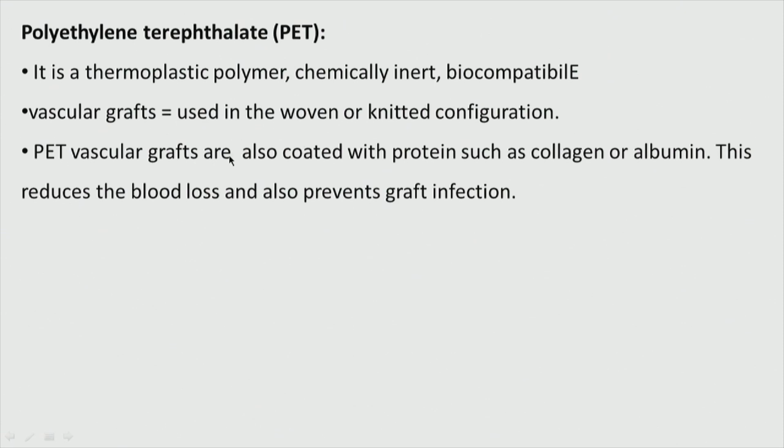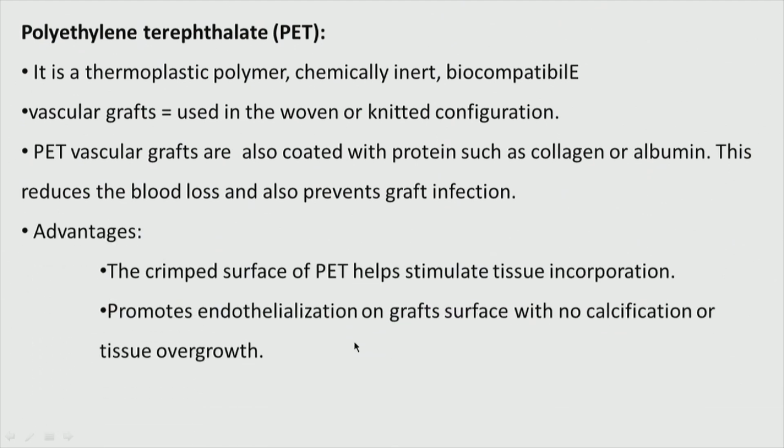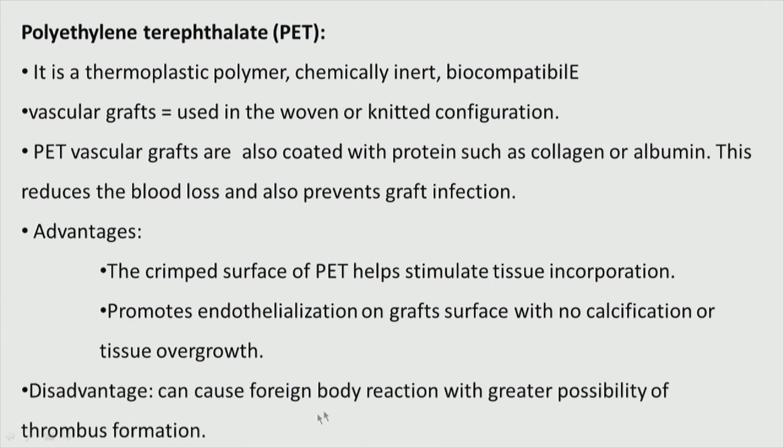It is woven. You can coat it with protein or collagen, albumin, and so on to reduce blood loss. The crimped surface of PET helps stimulate tissue incorporation, promotes endothelialization on the graft surface, no calcification. Of course, it can create a foreign body reaction with greater possibility of thrombosis formation.